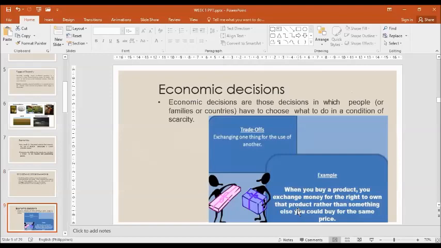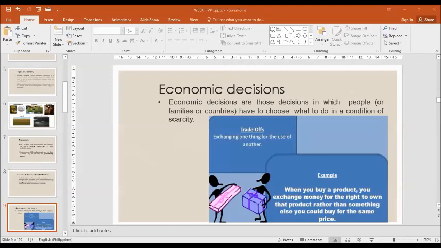Okay. So economic decisions are those decisions in which people, our families, and our countries have to choose what to do in a condition of scarcity.